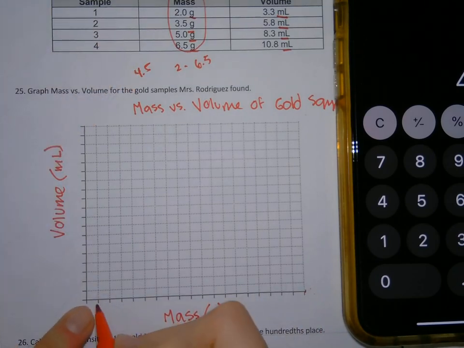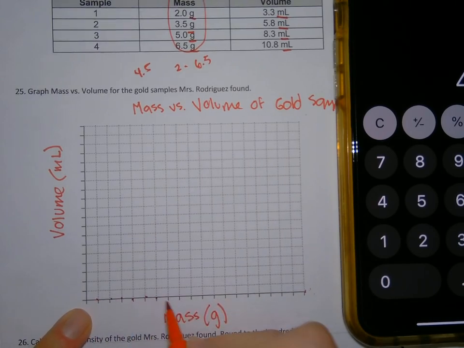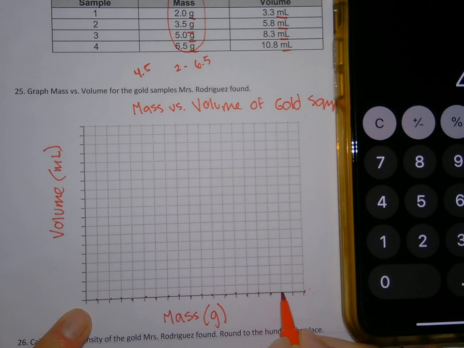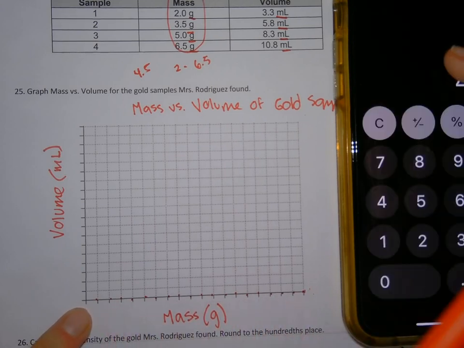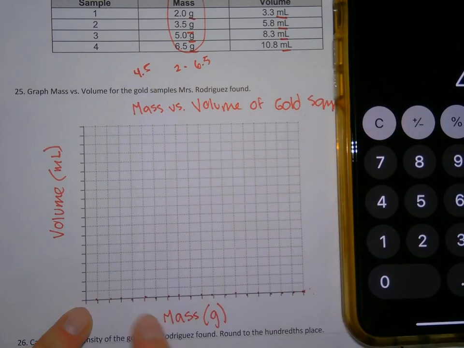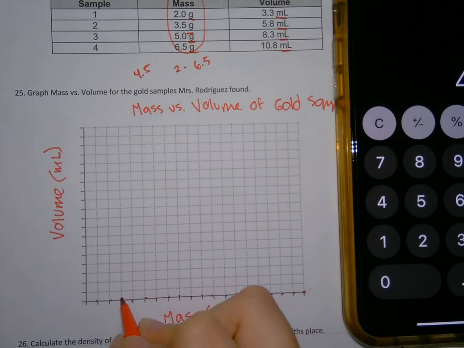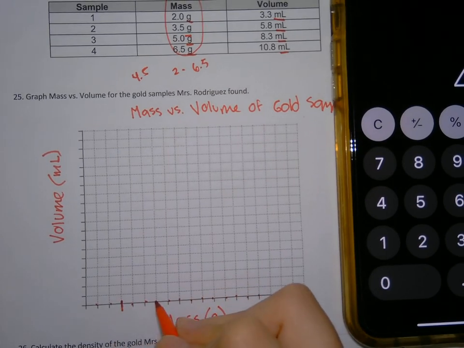So let's see, 1, 2, 3, 4, 5, 6, 7, 8, 9, 10, 11, 12, 13, 14, 15, 16, 17, 18, 19. I have 19 little lines and I have to fit 4.5 points within those 19 little lines. What happens if I fit 1 point per every 3 lines?